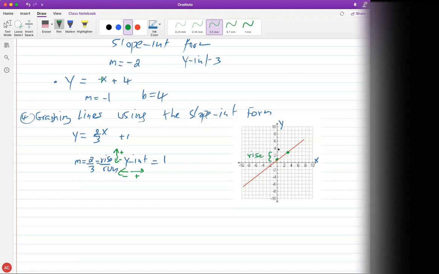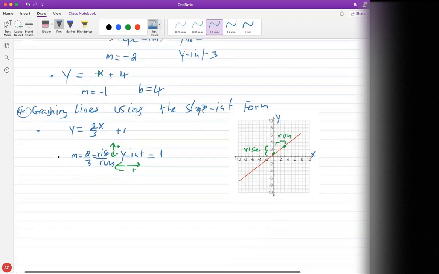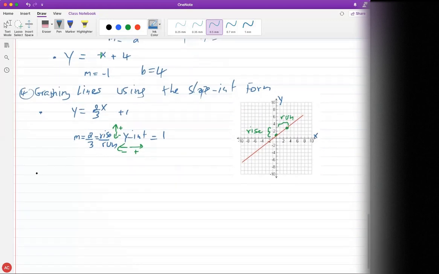Then you have the run. You rise up or down, you run left or right, depending on the signs of the numbers. And as you can see, we went up, then over, and we end on this point. And we have our line drawn quickly without having to do any math or fill up any table or complete ordered pairs. We can do that right away.